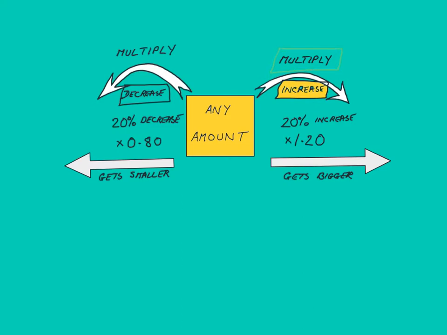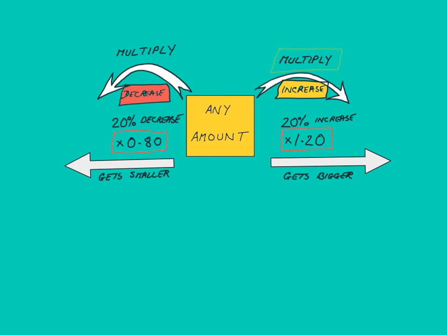If we start off with any amount and we wish to decrease it, then we multiply by a number smaller than 1. This number here. In this case, for a 20% decrease, we multiply by 0.80. For a 20% increase, we multiply by 1.2.